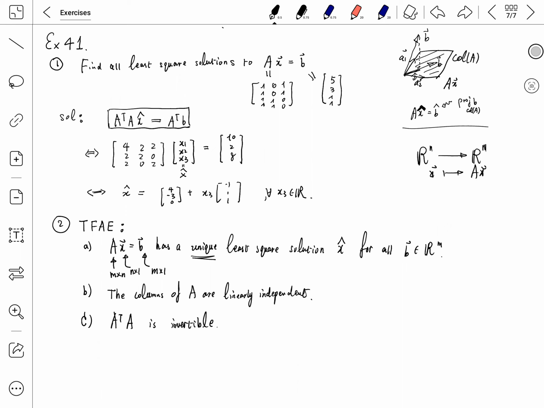Okay, so let's give the proof. Let's first show that A implies B. Suppose it has a unique least square solution for all b, in particular for b equals 0.